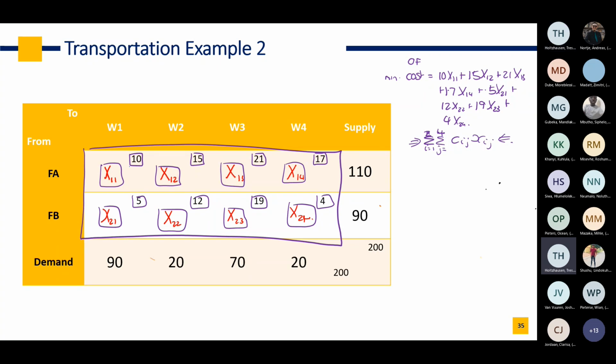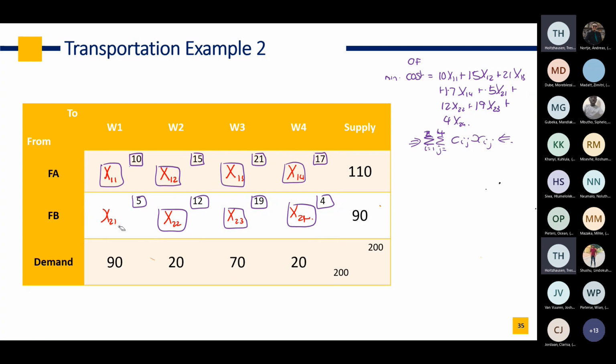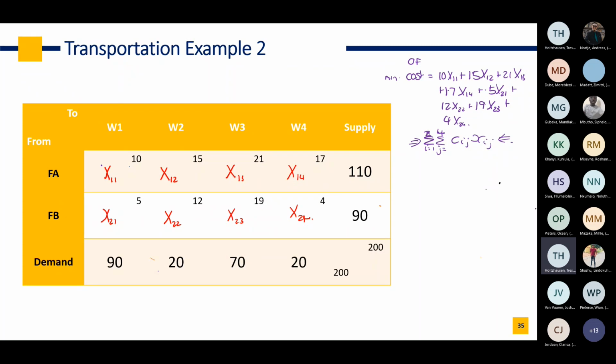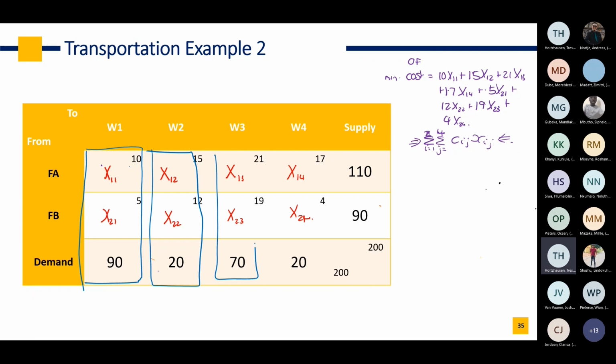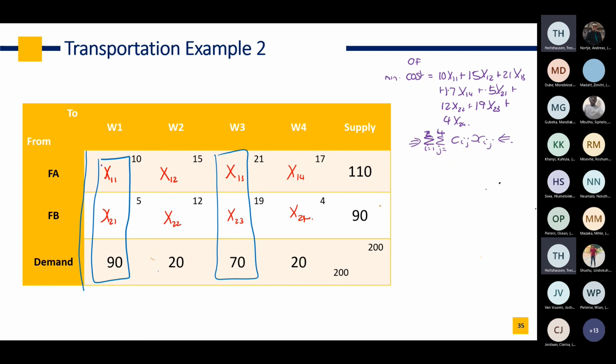Now, you actually have more information because this table tells you your entire setup. It's also telling you what all the constraints are, so let's rub this out so we don't get overly confused. You have your demand constraints sitting here, so that you don't get confused by using the cost values.